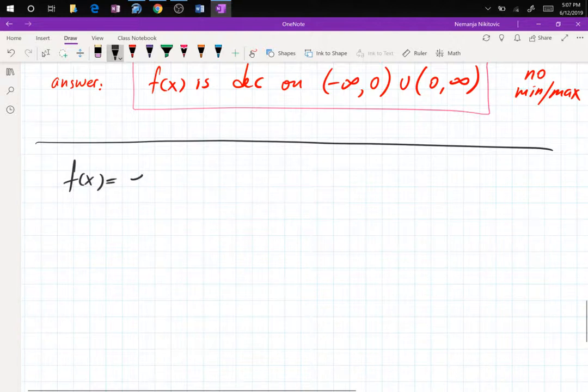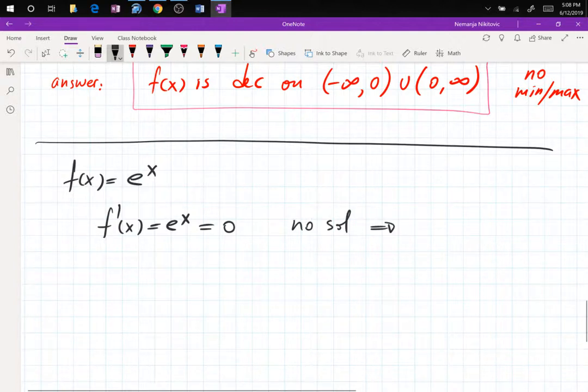Next, f of x equals e to the x. What's the derivative of e to the x? Also e to the x. Great. And when you set it equal to 0, what happens? No solution.